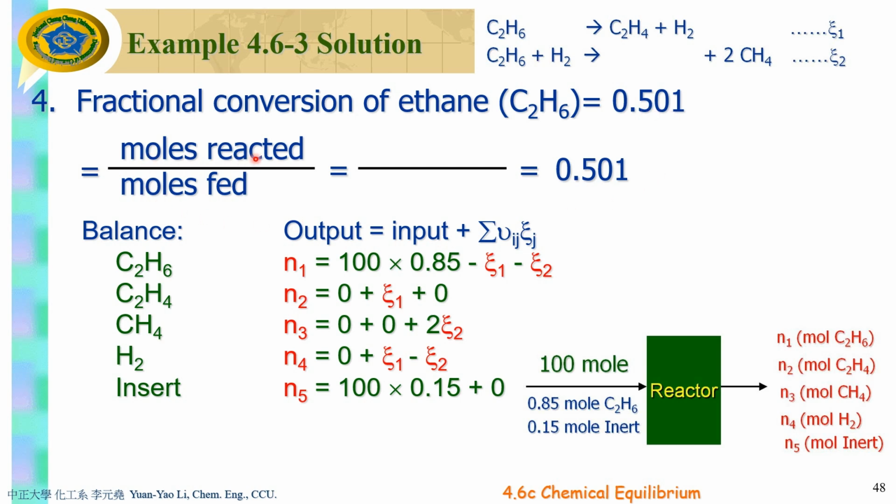That is moles reacted divided by moles fed. Where is the moles reacted of C2H6? This one, right? And the moles fed will be 85. So you get equation 1.